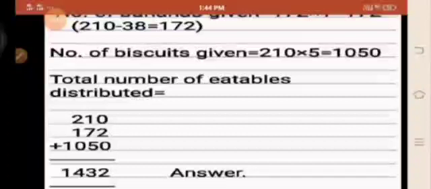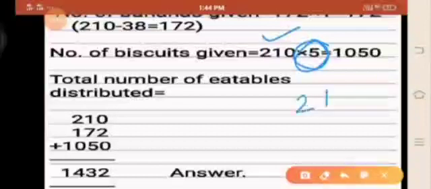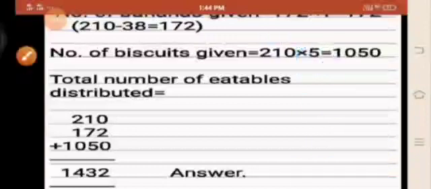Next is number of biscuits given. 210 are the total children, and how many we are giving? 5. So multiply by 5 is equal to 210 multiplied by 5 is 1050 biscuits. So total number of eatables distributed.